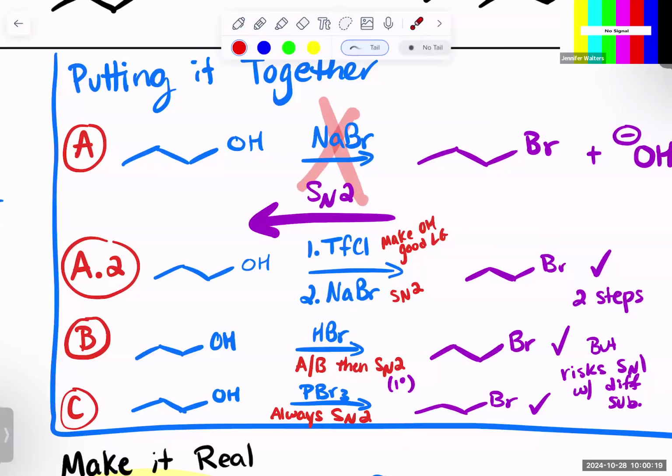So if you're forced to pick one step, that is, maybe you have a secondary substrate that could have rearrangement, then the only correct answer would be PBr3. But here, you actually have 3 correct answers because I didn't limit you in the number of reagents or number of steps. And so you have multiple correct answers. So all 3 of these are correct.